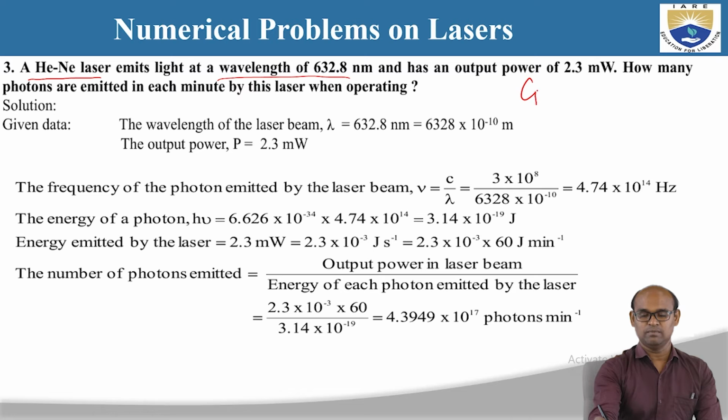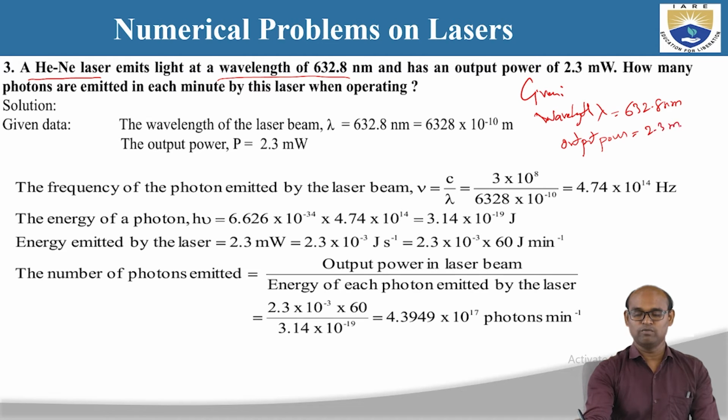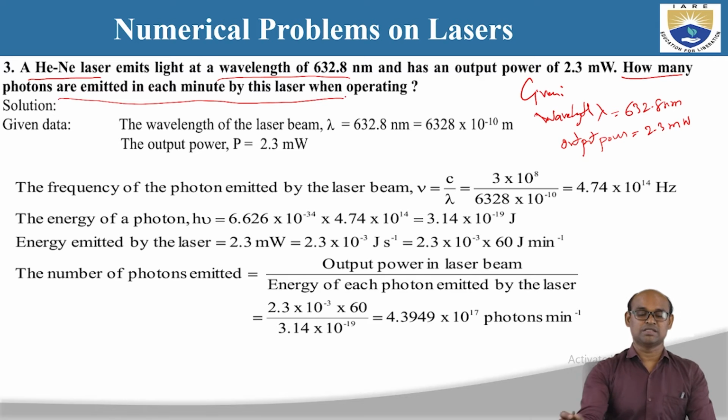Given wavelength lambda is 632.8 nanometers. And what have they given? They have given output power, 2.3 milliwatts. They have asked to calculate how many photons are emitted in each minute by this laser.